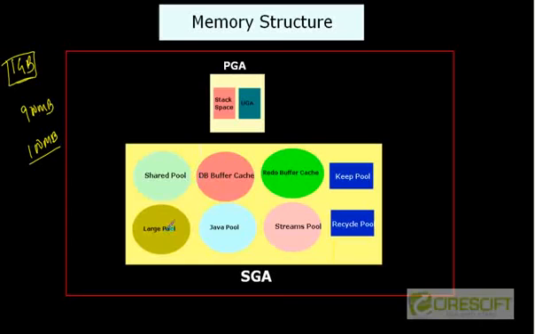There are two ways that you can do that. Starting from Oracle 10g, you can size this in two ways. One is called automatic, and the second one is called manual.